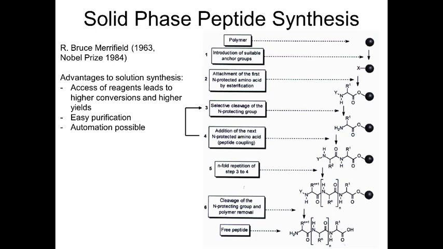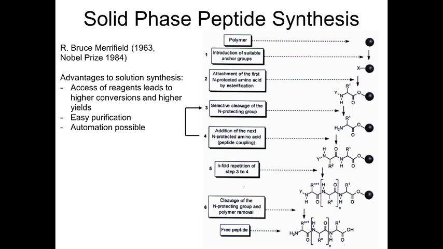On this polymer bead, you introduce a suitable anchor group, and onto this anchor group you attach the first amino acid via the carboxylic acid group, and then you have an N-protected amino acid on your solid support.